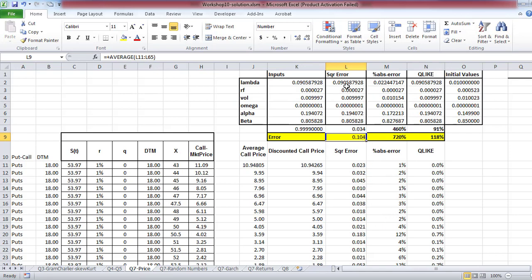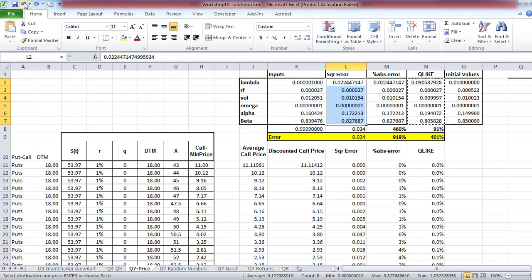So now the error is bigger. So the optimal after you run solver is this one here. Actually, I have to undo several times because I damaged my initial value. So I think this is the one that's going to give you the 0.34.